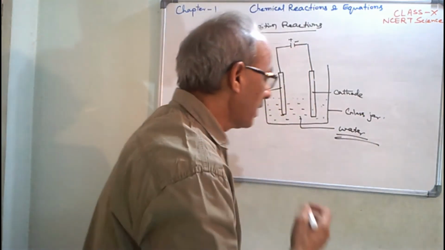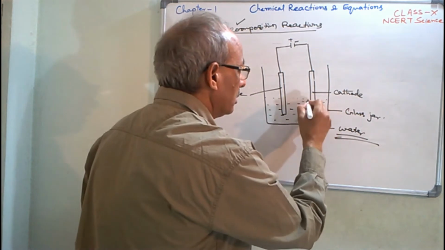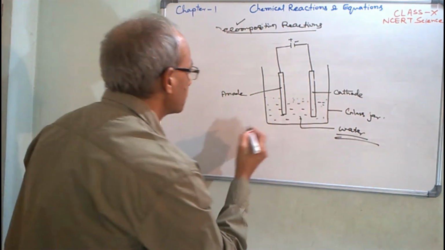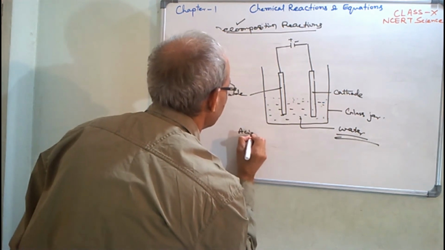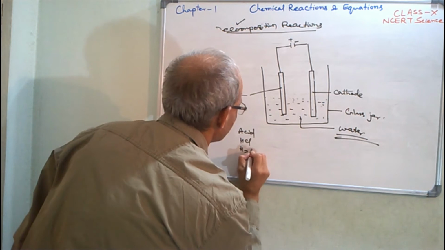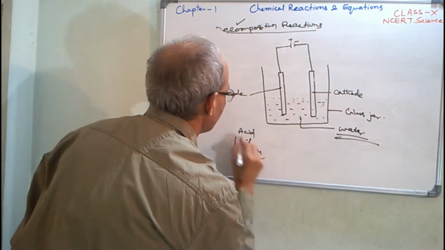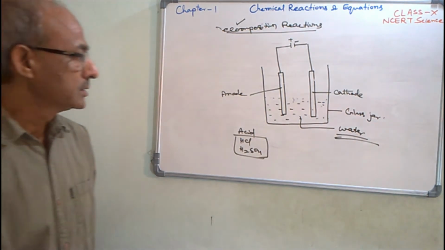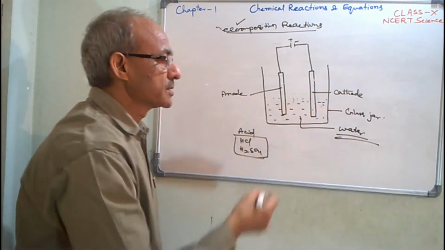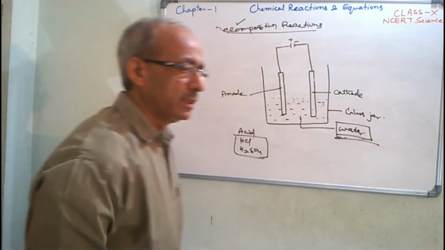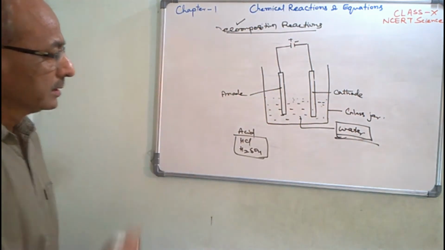So, to make the water a good conductor, we use some drops of acids, which may be hydrochloric acid or sulfuric acid, dilute sulfuric acid or dilute hydrochloric acid, so that electric current may pass through the water.